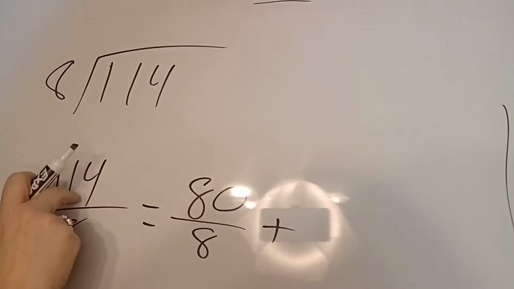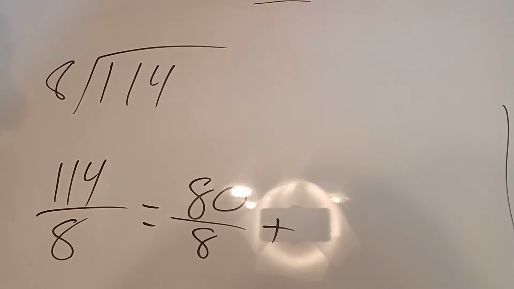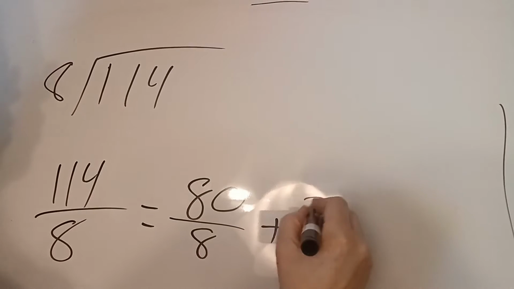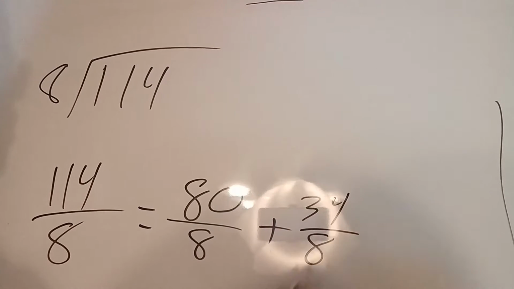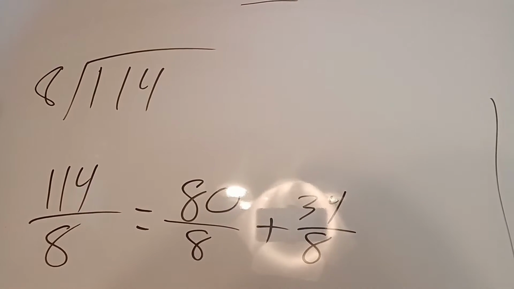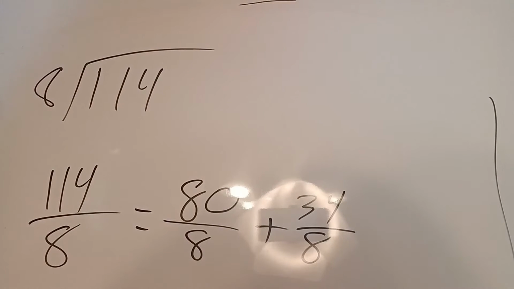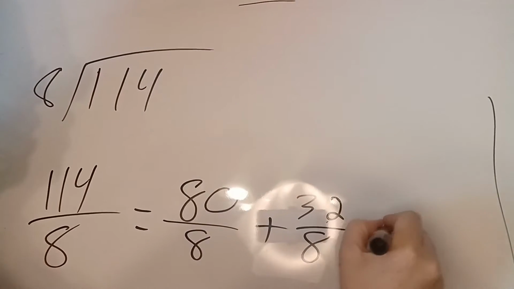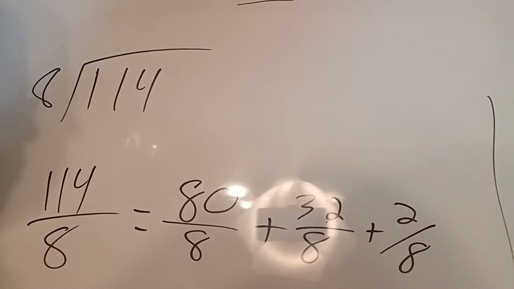All right, if we've taken 80 out, that means there's 34 left. We can take 32 out of there, right? Because 8 times 4 is 32. So let's make this a 32, and then we'll take that last 2 and put it over here.